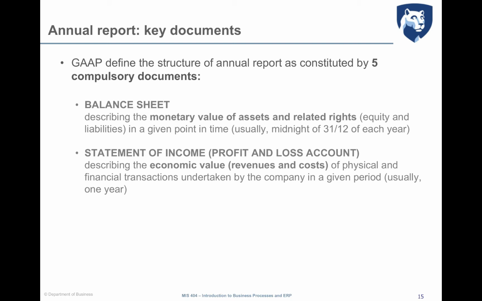Then we have the statement of income, which instead describes the economic position in terms of revenues and costs of a company, which comes from the physical transactions incurred during a year, so in a specific amount of time, which is generally 1 year, and which is the end of the year in particular.